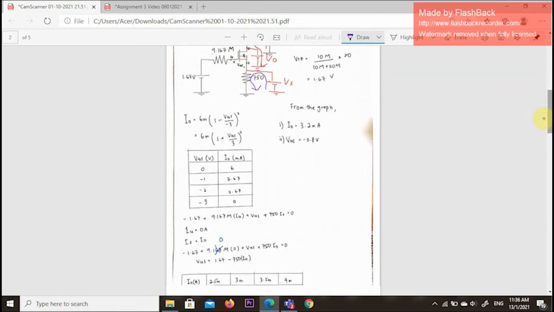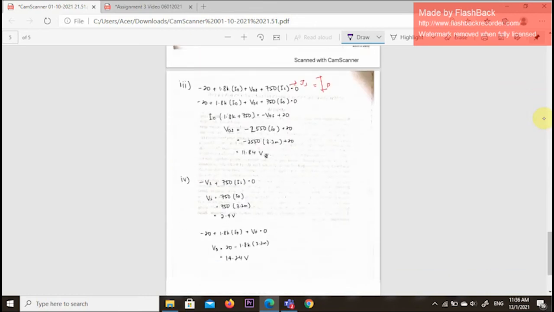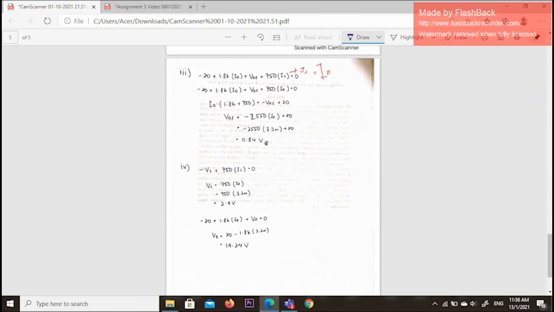Since IS is equal to ID, we move VS to the right side and get 750 times ID. ID we got just now from the graph is 3.2 milli, times 750, we get 2.4 volt.